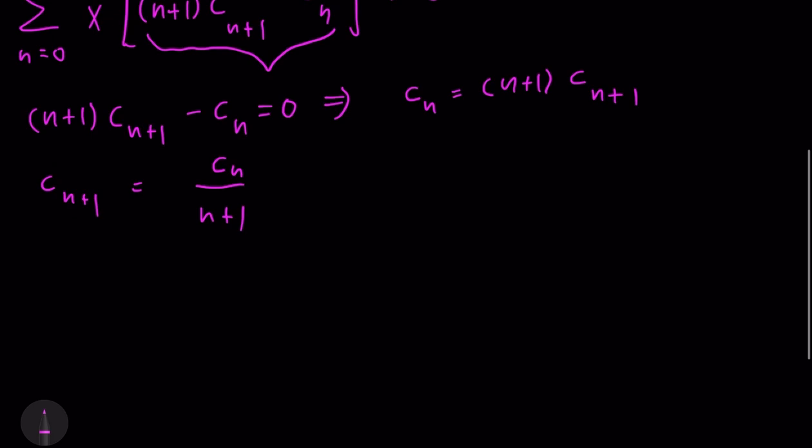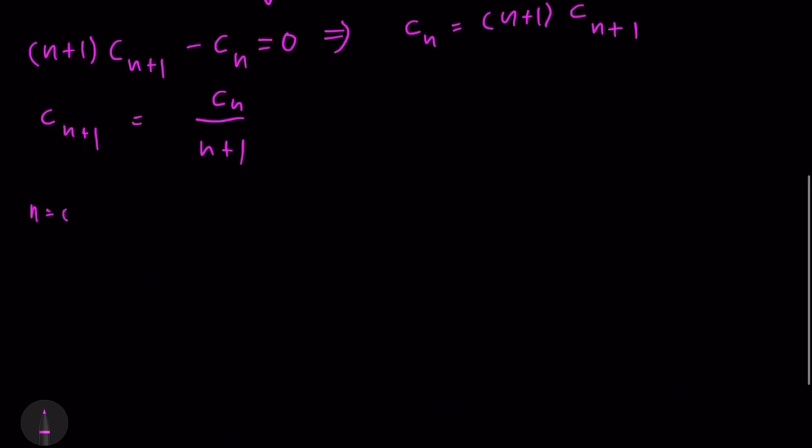So now we just have this recurrence relation. So basically from here, we have to try to find a pattern. So if n equals 0, we have c sub 0 plus 1 equals c sub 0 over 0 plus 1. But that tells us that c sub 1 is c sub 0 over 1.